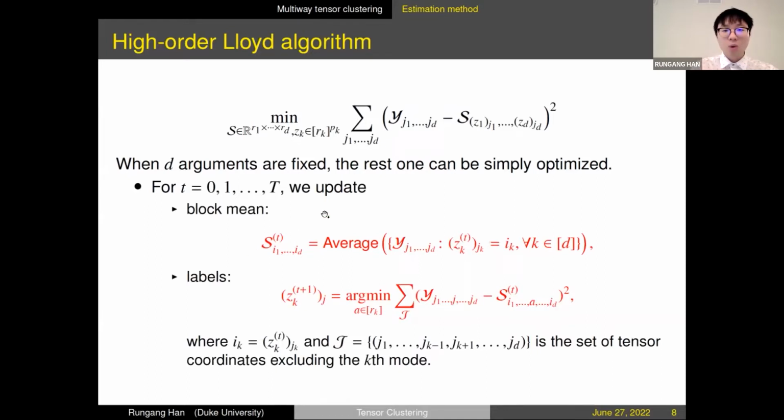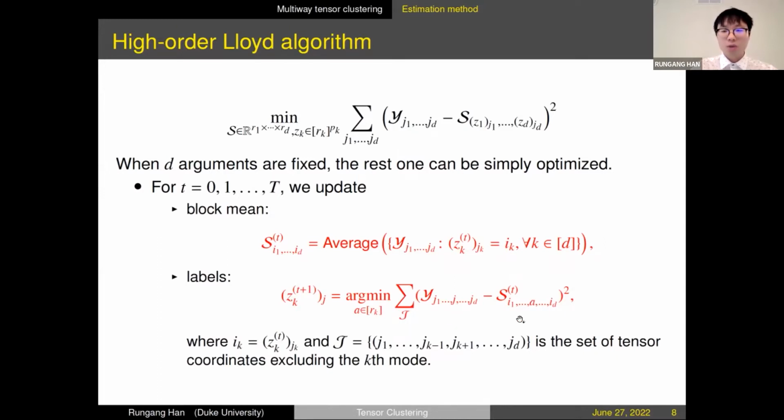And if we know the block mean S as well as any d-1 labels, the remaining one can be updated by performing a nearest neighbor search, which minimizes this loss conditioning on the other fixed parameters.